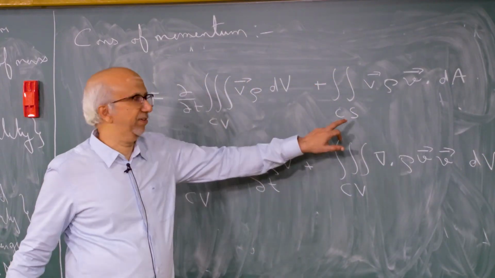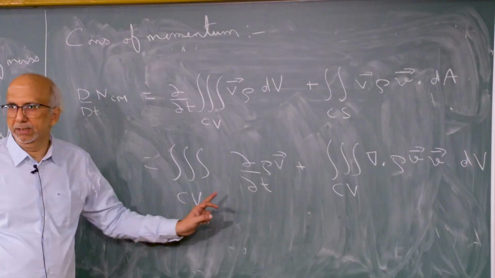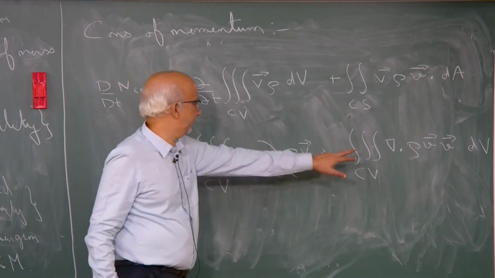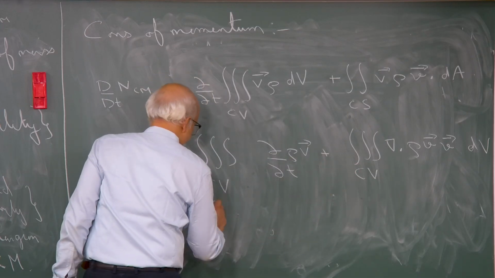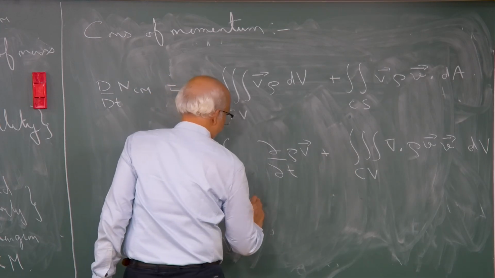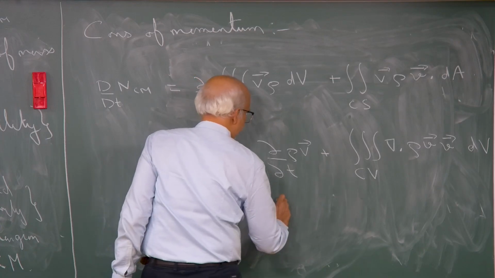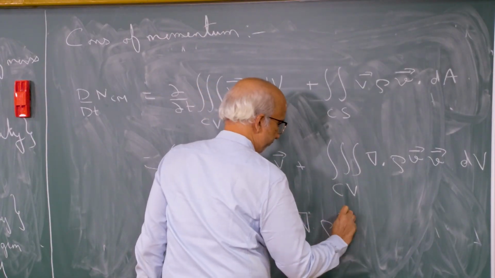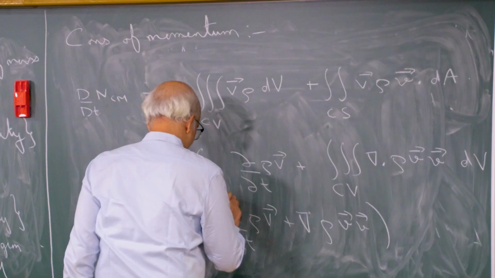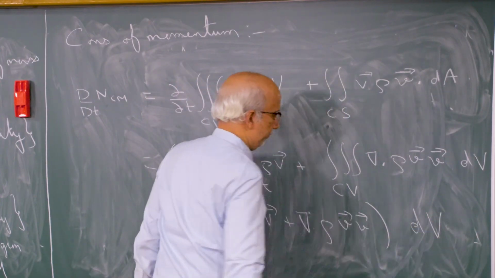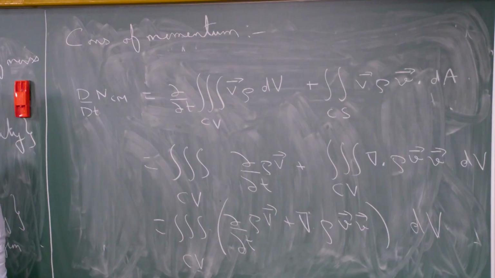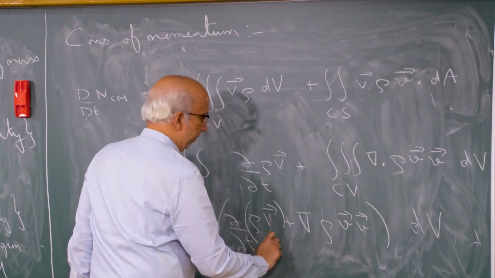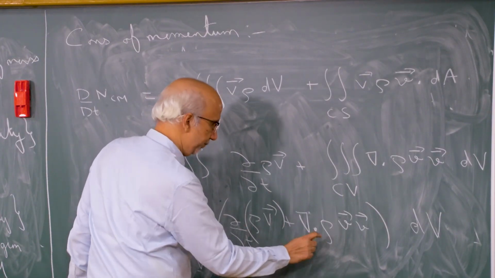So I have converted the surface integral to a volume integral, I have pulled the time derivative inside, and now I combine these two volume integrals to give me the integral of d/dt of rho v plus divergence of rho v v.